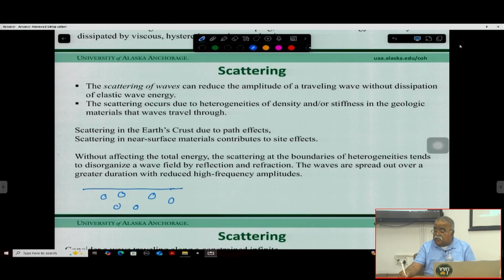And if the wave comes here and hits this scatterer, it will go on scattering all over the place, right? That effect we call scattering of waves, and each scattering also reduces the wavefront, right? So the amount of energy is also being lost due to the scattering event.